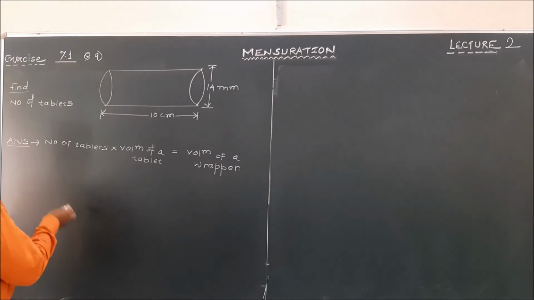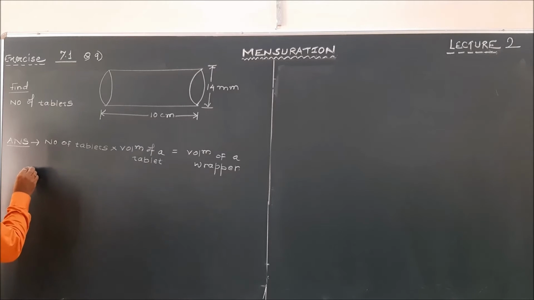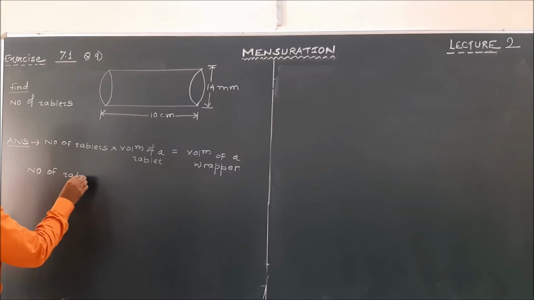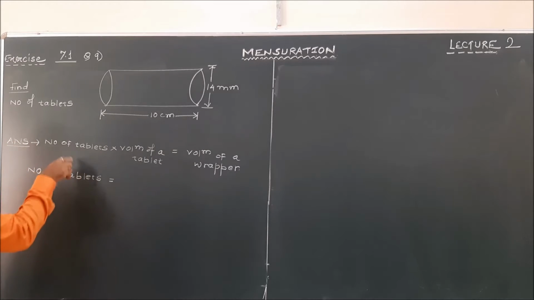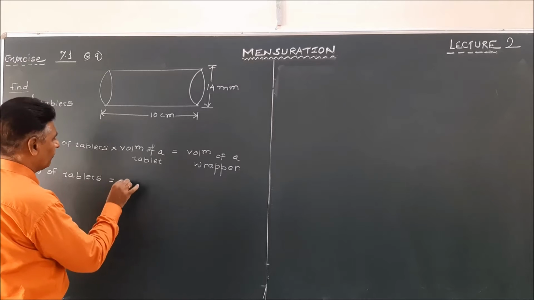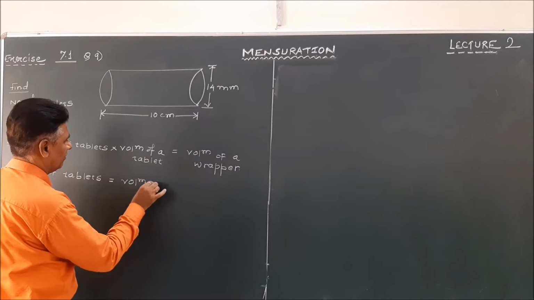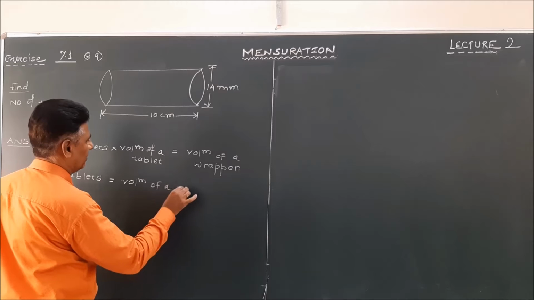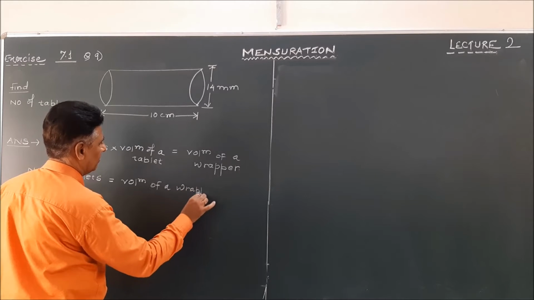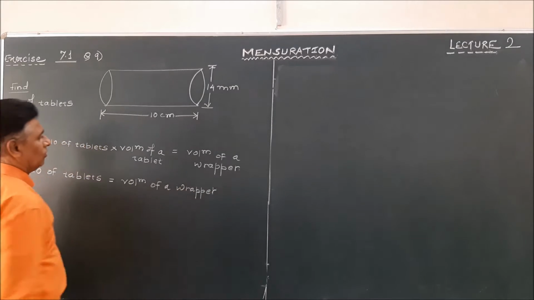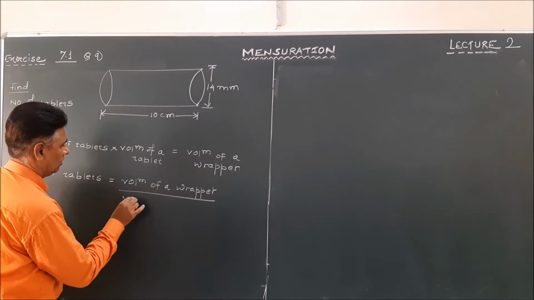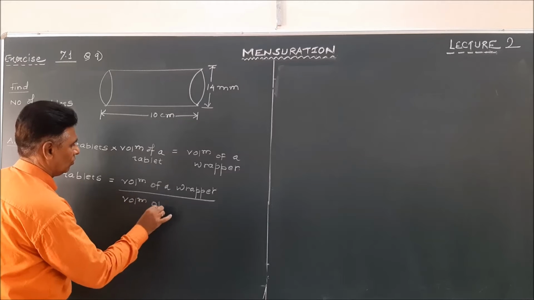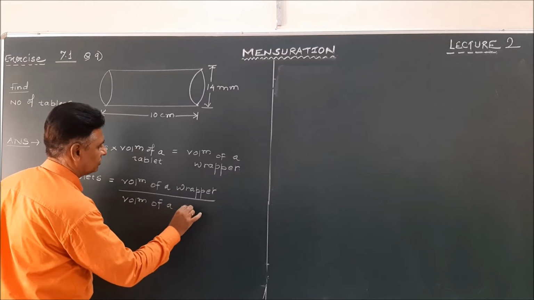So with the same formula, I get that the number of tablets is equal to the volume of a wrapper upon the volume of a tablet.